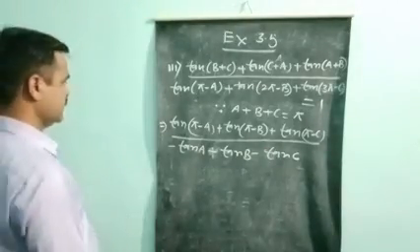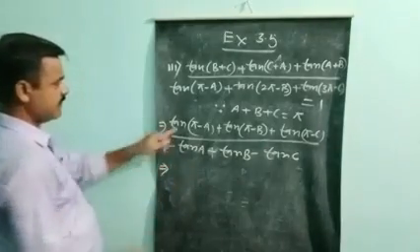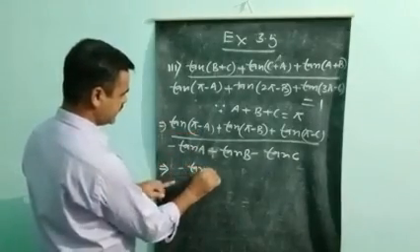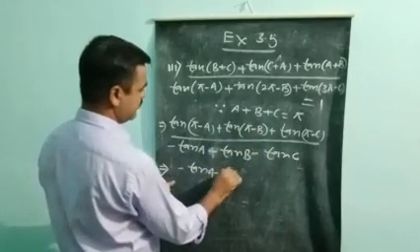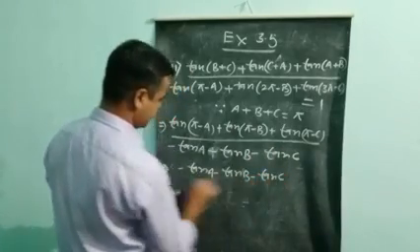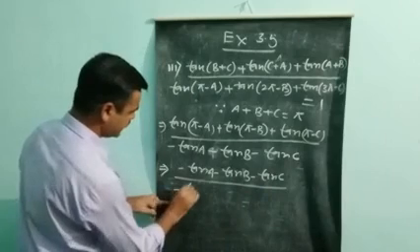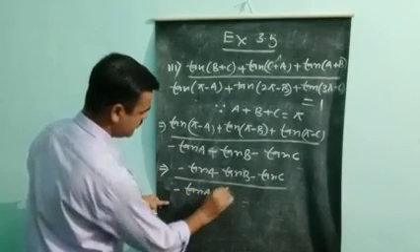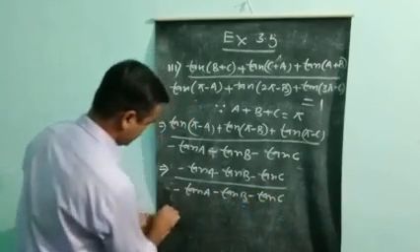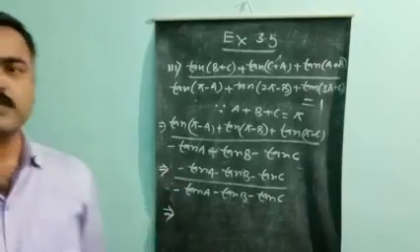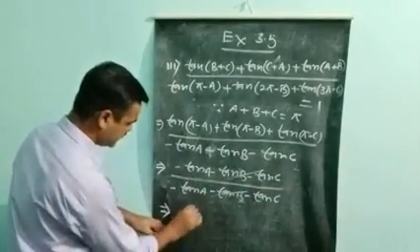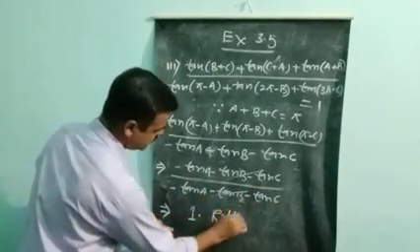Clear? Now the numerator is minus tan A, minus tan B, minus tan C, divided by the denominator minus tan A, minus tan B, minus tan C. Now you can see the numerator and denominator are equal, so they will cancel out, and the result is 1, and this is your RHS.